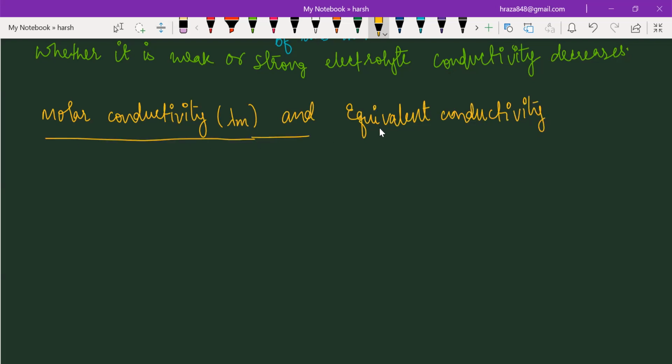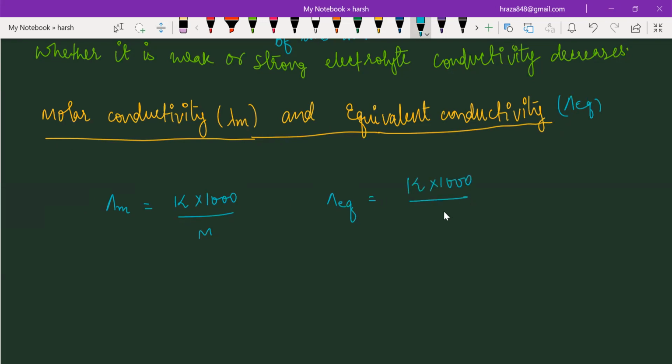Yes, sir. So you already know that lambda m is equal to kappa into 1000 upon M. That we studied in the previous class. And lambda eq is equal to kappa into 1000 upon N. Yes or no? Yes, sir.